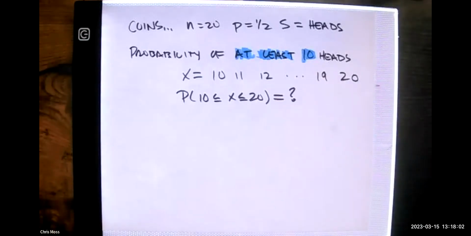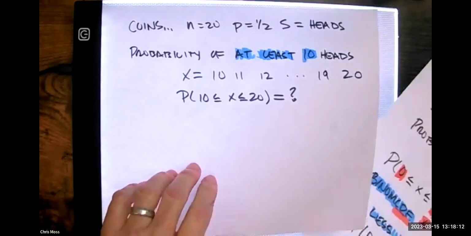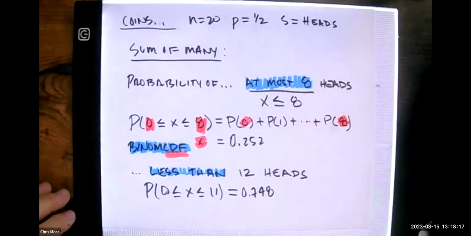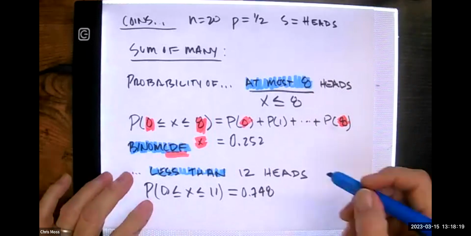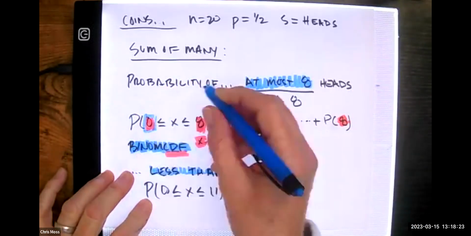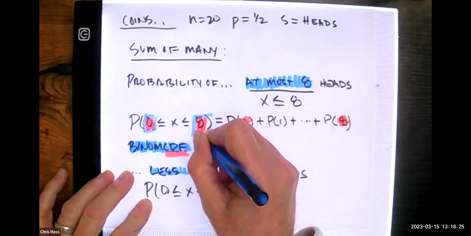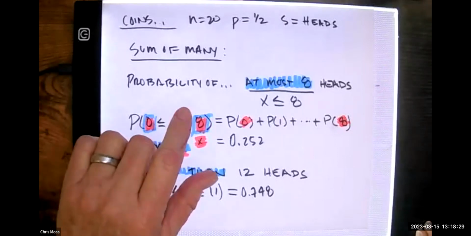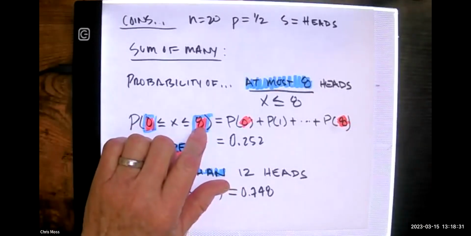Now, here is the issue with this problem. Let me bring back the previous page. I'm going to take this away, and I'll be bringing it right back in just a moment. That binomial CDF always starts its counting at 0, and it always ends where we tell it to. It must start at 0 and end at a value we give it.